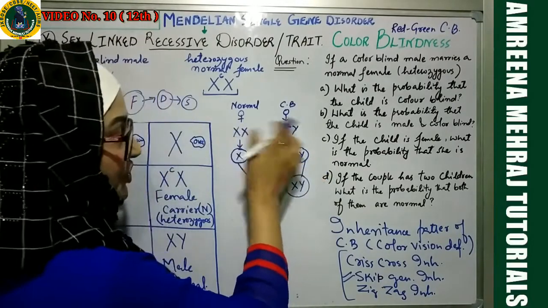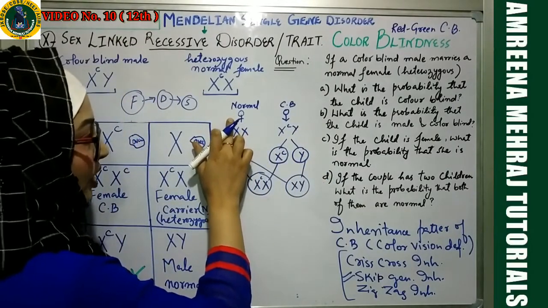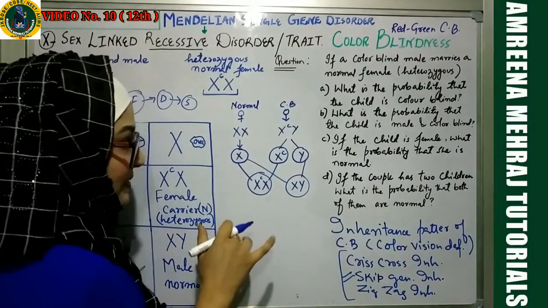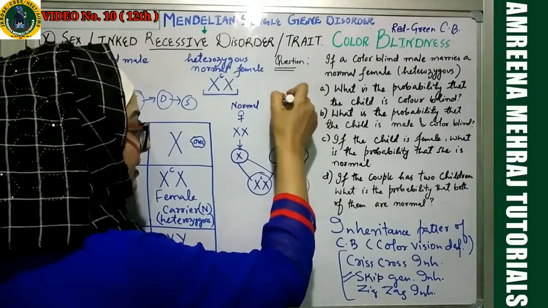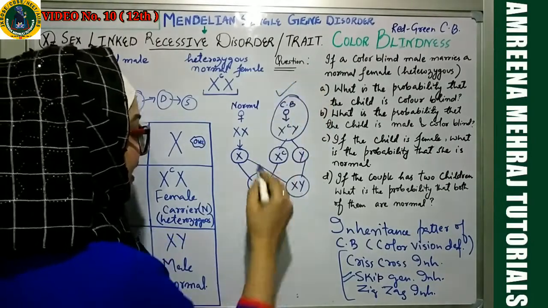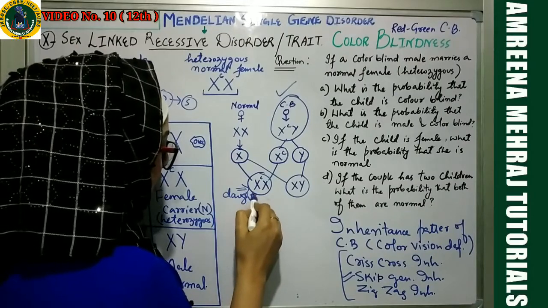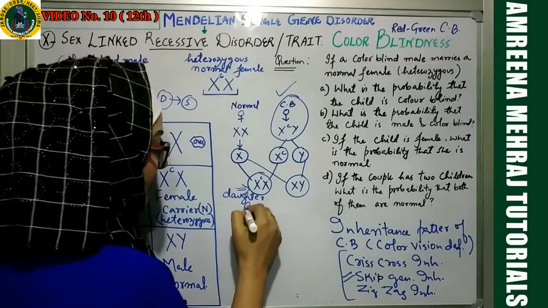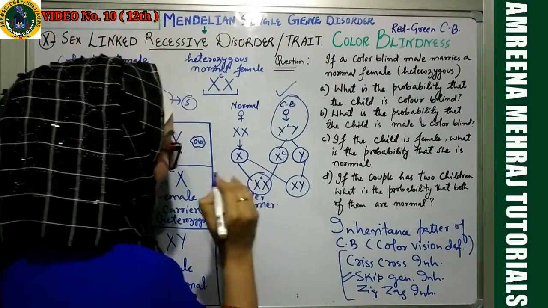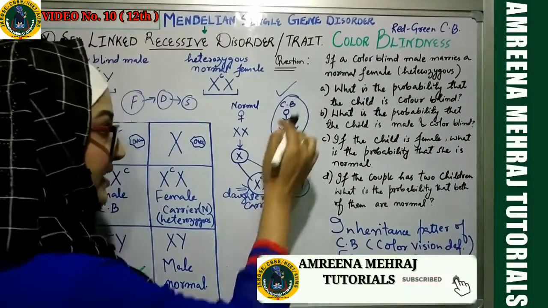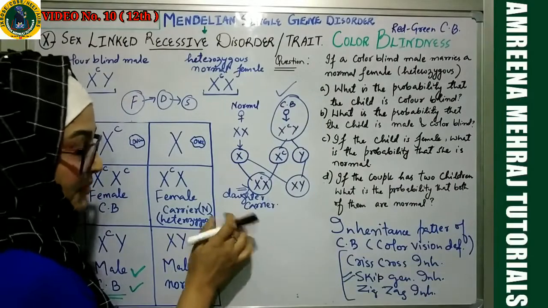So in this marriage between the normal mother and an affected father, who becomes affected now? Father was affected, he gave this trait to the daughter. But is the daughter a carrier or affected? She is a carrier. This is what skip generation means: the trait got transferred, but it didn't express.